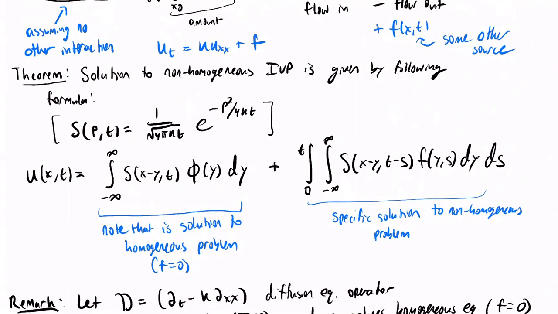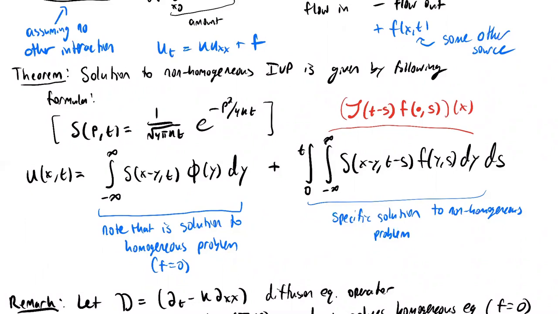If I ignore the integral in t and just look at the integral inside, I have my source function applied to my function f, except it's shifted over in time according to s. So this is the solution operator not at time t, but at time t minus s, applied to the function f, although it may change depending on the value of s. And this all also depends on x.